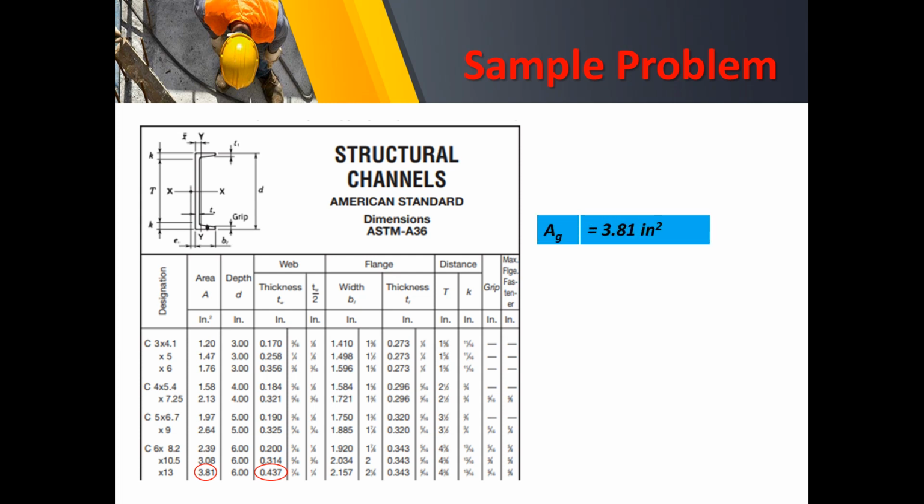So the gross area for the channel will be 3.81 square inches. So in this case, we can no longer work with the width. Instead, we will work for the net area. So we will note also the web thickness of 0.47 inches.